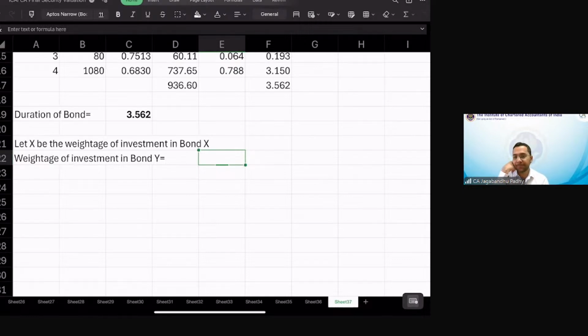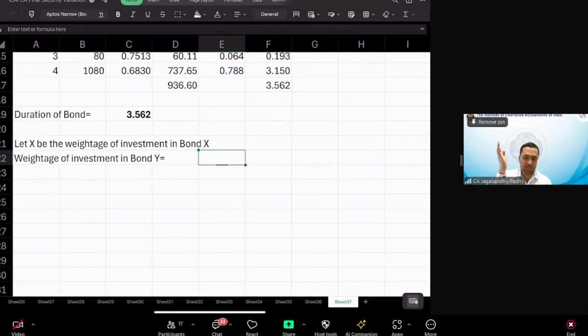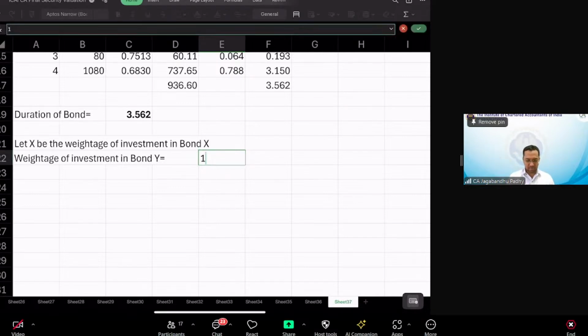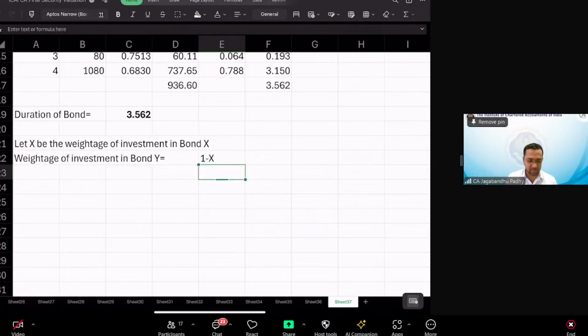Yeah, guys, tell me. If weightage of investment in bond X is X, can I say weightage of investment in bond Y will be 1 minus X?